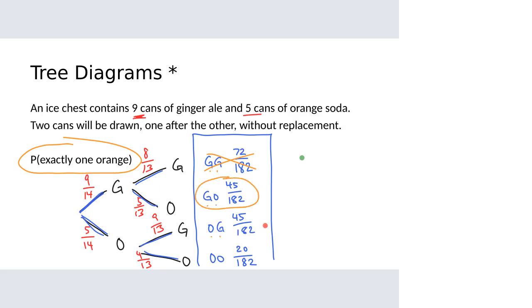Orange, ginger ale. That's exactly 1 orange. Orange, orange. Nope. That's 2 oranges. That's not exactly 1. So I could get exactly 1 orange this way or this way. So I need to add those probabilities together. And 45 out of 182 plus 45 out of 182 will be 90 out of 182.